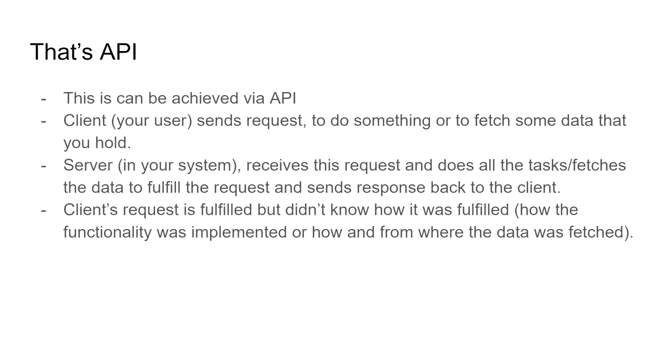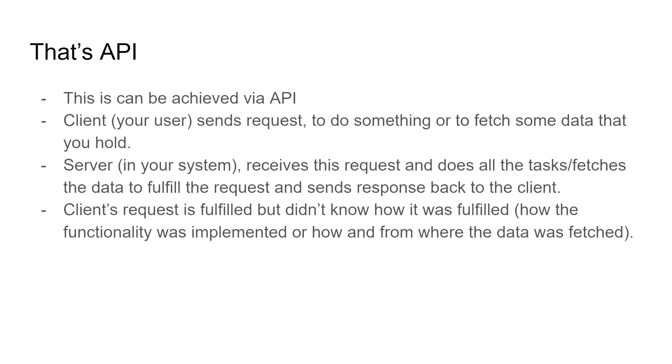So what happens is the client sends a request to do something, like let's say make a train reservation or fetch some data, like fetch all the train details. And then the server, which in our example would be IRCTC, receives this request, performs all the tasks or fetches the data that is needed, and then sends the response back to the client.